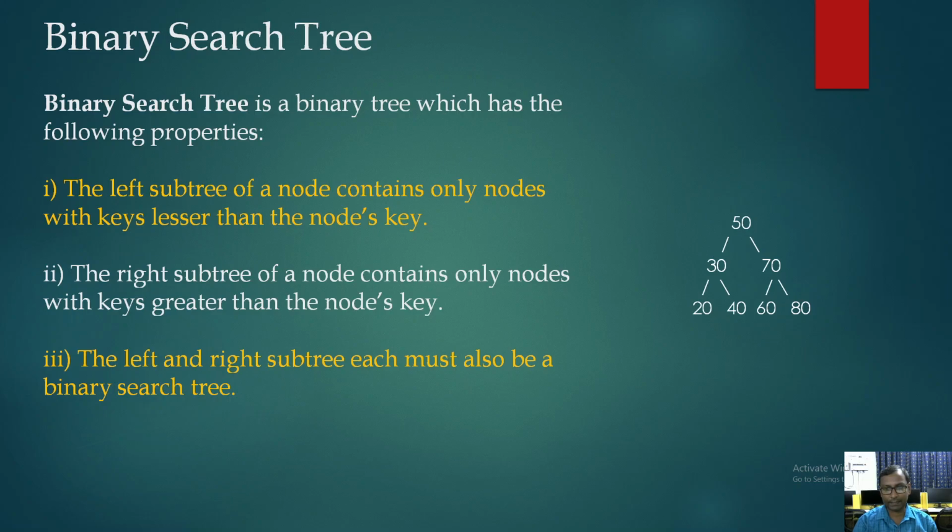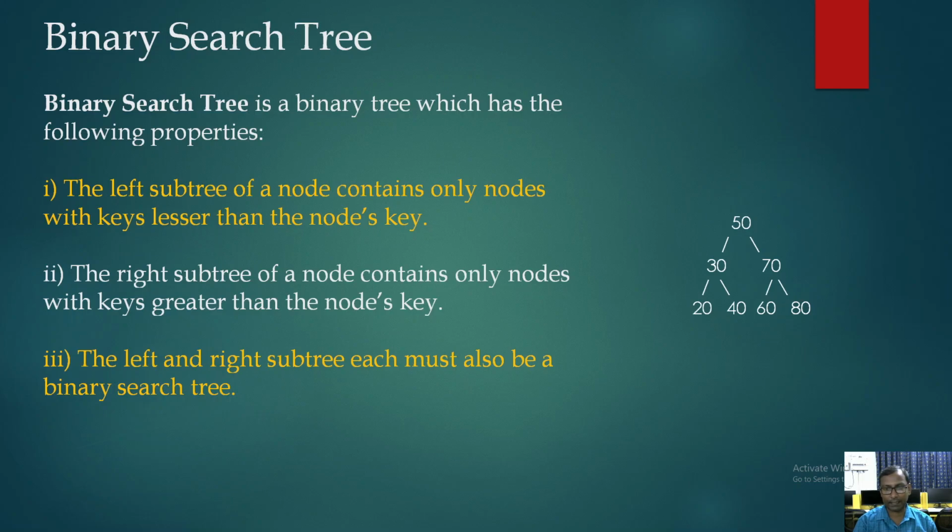If we consider the left subtree of 50, which consists of the nodes 20, 30 and 40, it is also a binary search tree. That is, 20 is less than 30, so it is in the left subtree of 30, and 40 is greater than 30, which is in the right subtree of 30.